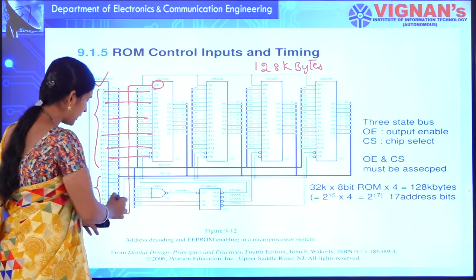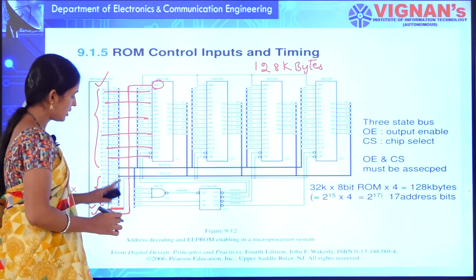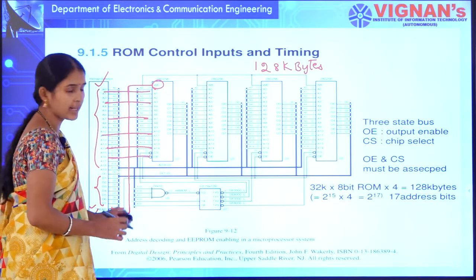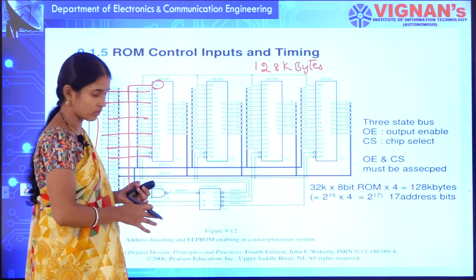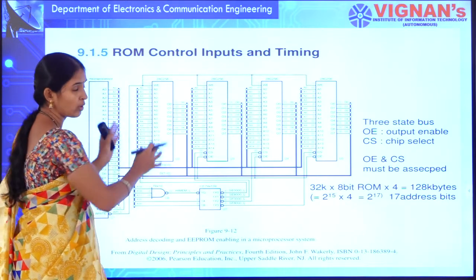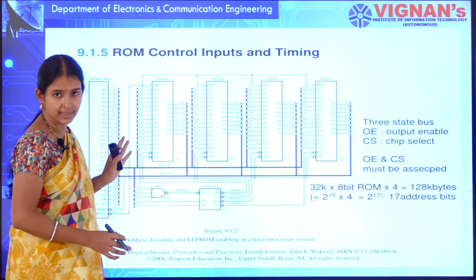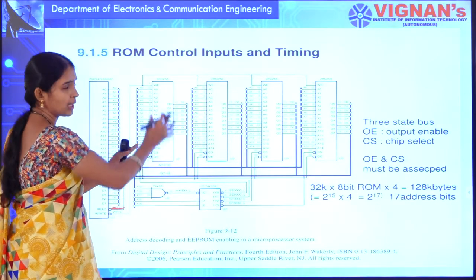If you want to read the data from this particular chip, this pin will be active low. See here, you can either read or write, only one operation can be done. You cannot do both, right? You cannot read the data and simultaneously write the data into it. When read enable is low, it indicates that you are reading the data from that particular chip.